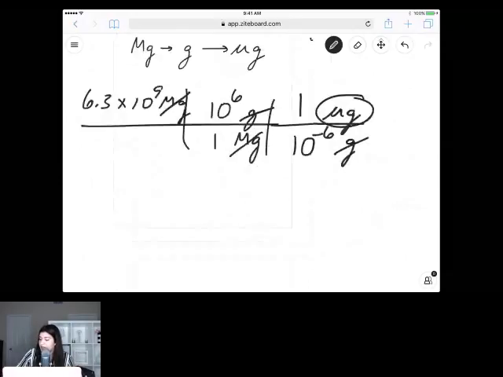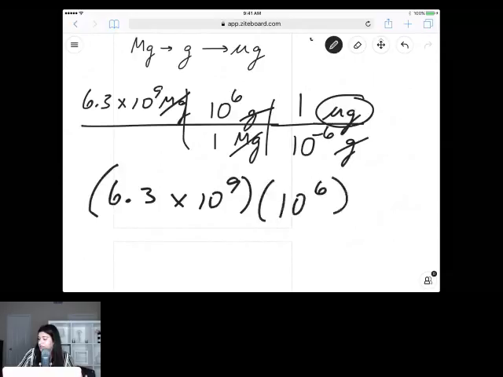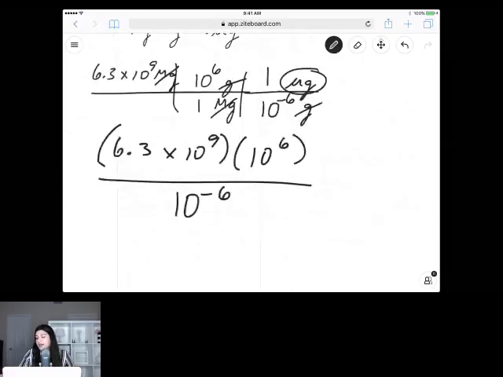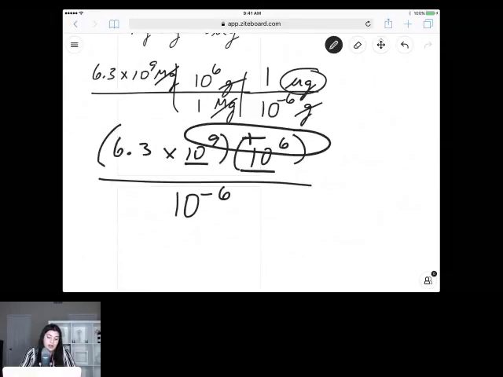That is 6.3 times 10 to the 9th times an additional 10 to the 6th, divided by 10 to the negative 6. There's a math trick for this: since both are the same base, we can add our exponents, 9 plus 6 giving us 15. So I'm going to rewrite that as 6.3 times 10 to the 15th divided by 10 to the negative 6, and that's what we can plug into our calculator.